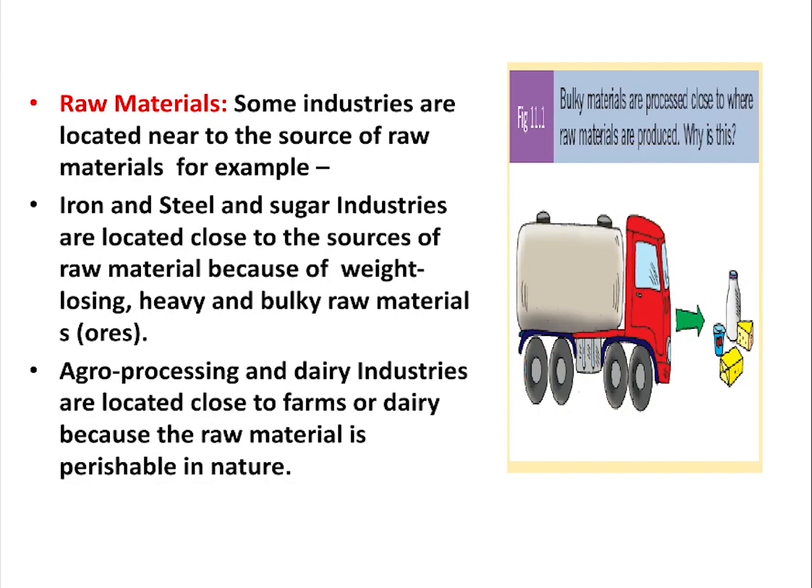So the term we need to know here is weight losing. Take the iron and steel industry. To produce iron and steel from iron ore, the iron ore contains different impurities.